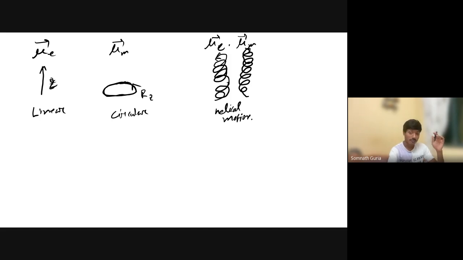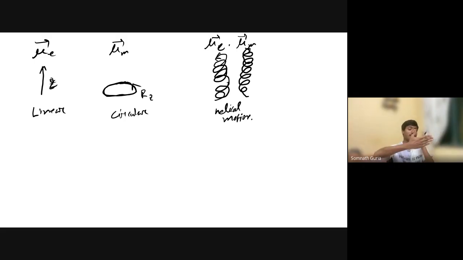But if a chiral molecule is present, one kind of helical motion is predominant there. Let's suppose one enantiomer has a helical dipole moment with left-hand circularly helical motion. Then this should interact with my incoming circularly polarized light, so we will be able to differentiate.